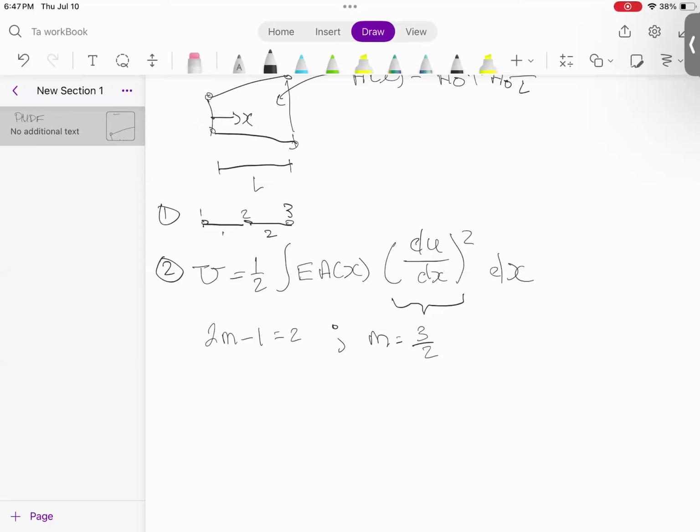And we're going to apply Gauss integration points, two integration points.